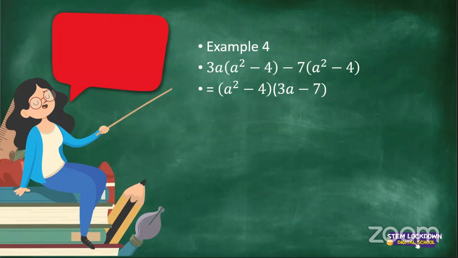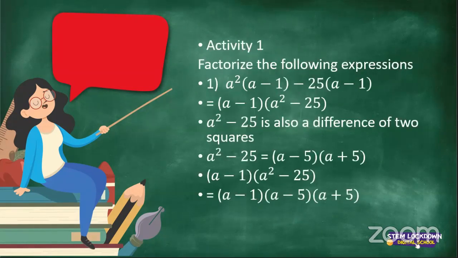Now, in activity 1, again, you can tell that once you factorize this expression, you look at the 2 terms. The first term, you have a minus 1. That is what you have as the common factor. It is there in the first term. A minus 1 is found in the first term.